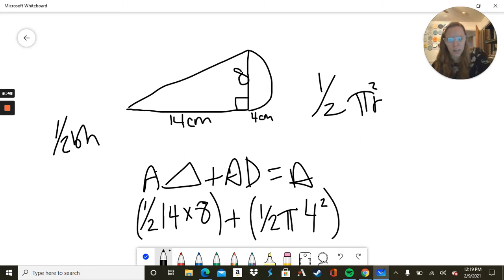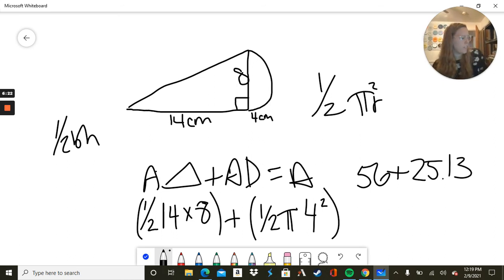So let's do the triangle first. 14 times 8 is 112, times half is 56, plus 4 times 4 is 16. 16 times pi is 50.27, and divided by 2 or times half is going to be 25.13.